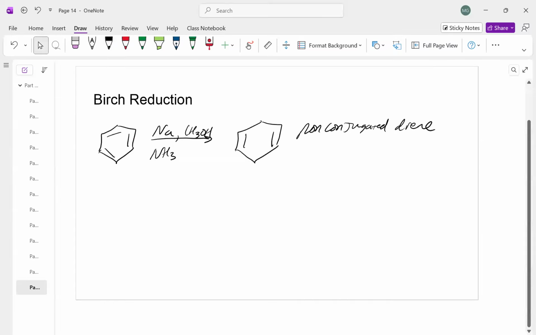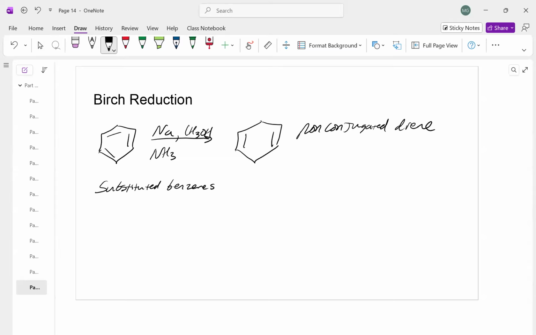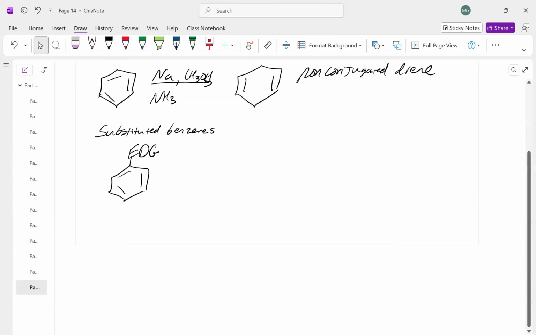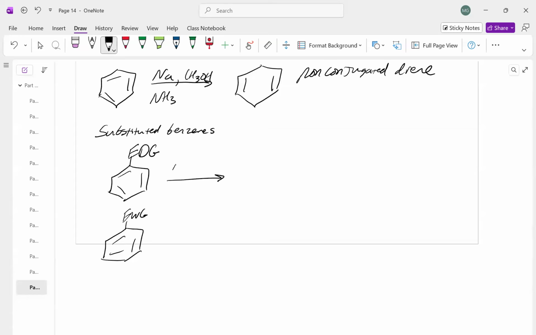Where this gets a little tricky is when we have substituted benzenes. Because depending on whether the group on benzene is an electron donating group or an electron withdrawing group, that non-conjugated diene will end up in various orientations.